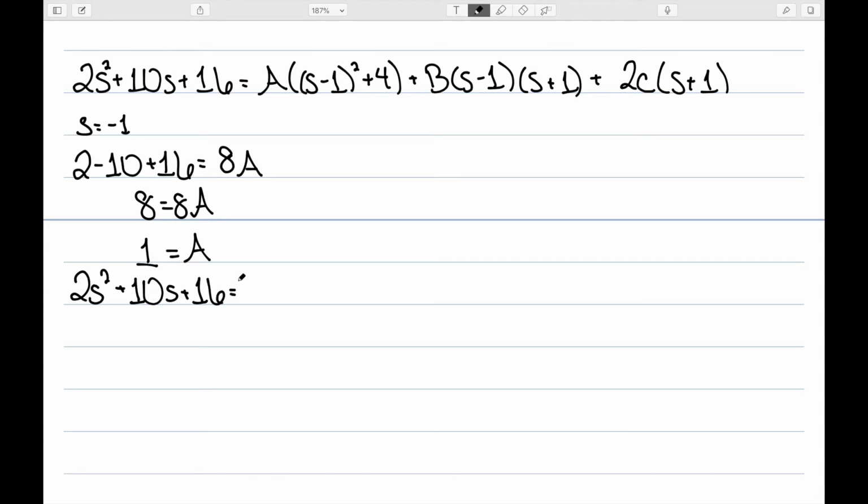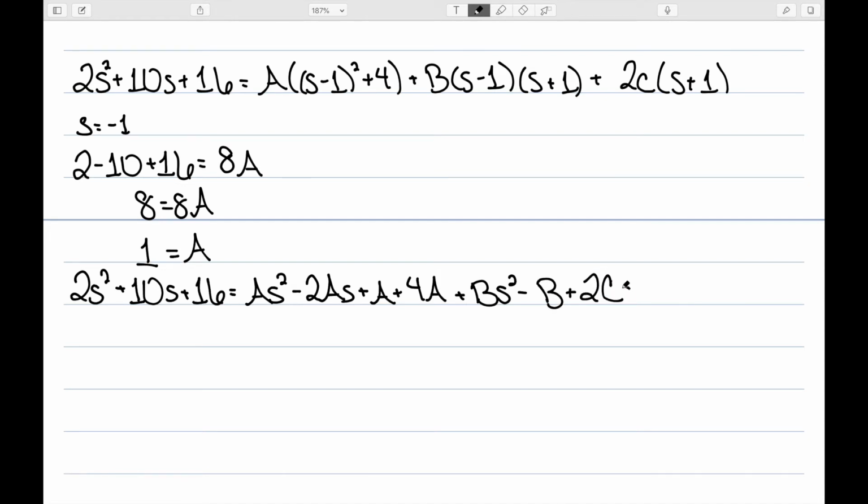So I'm going to expand this out. When I do, I get As squared minus 2As plus A plus 4A plus Bs squared minus B plus 2Cs plus 2C.